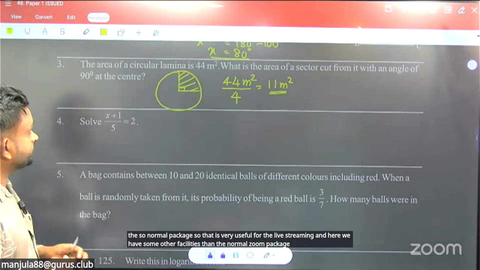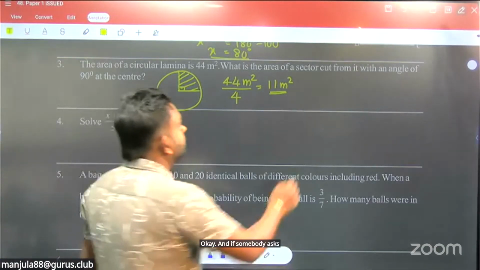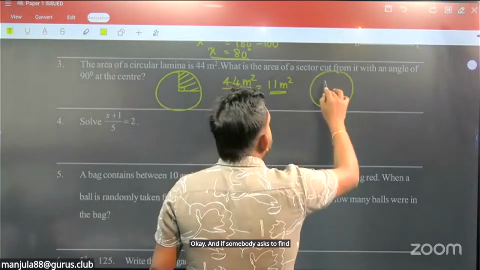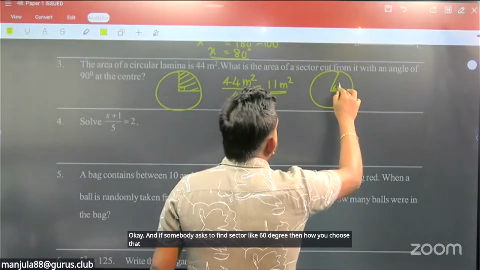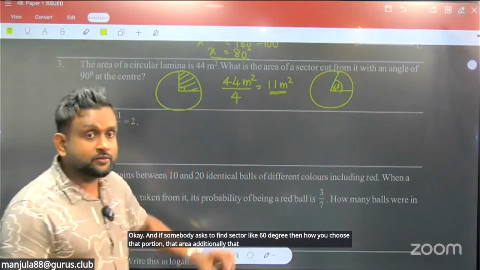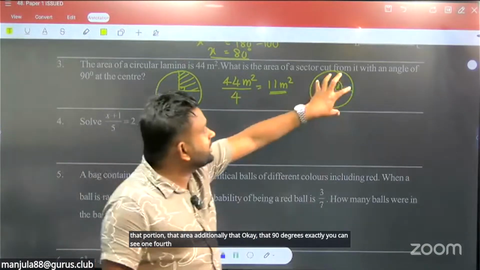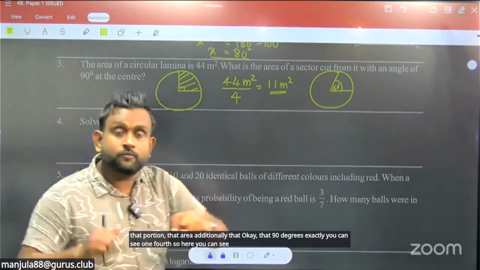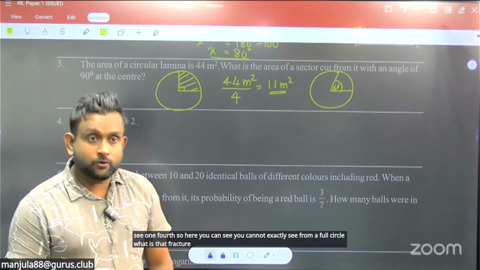Okay, and if somebody asks to find the sector for, say, 60 degrees, then how do you choose that portion of the area? With 90 degrees you can exactly see one fourth, but here you cannot exactly see from a full circle what the fraction is. So how to take it?